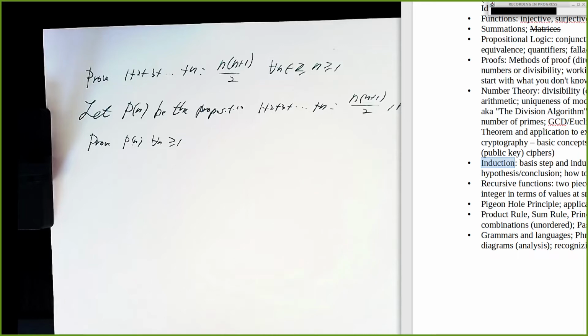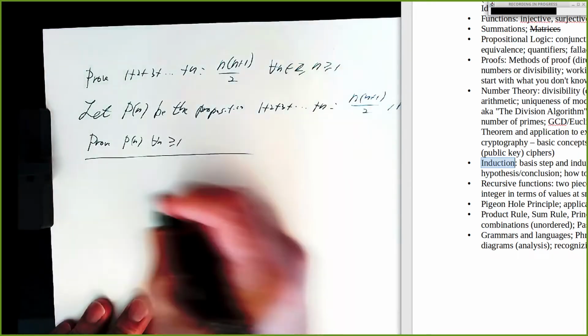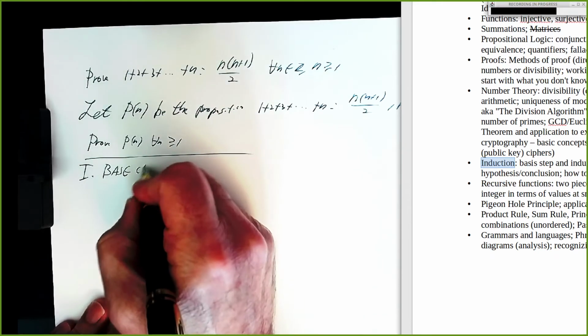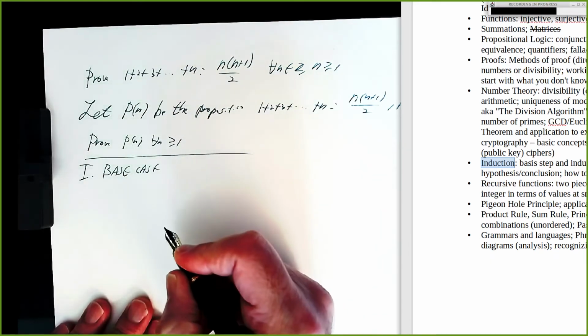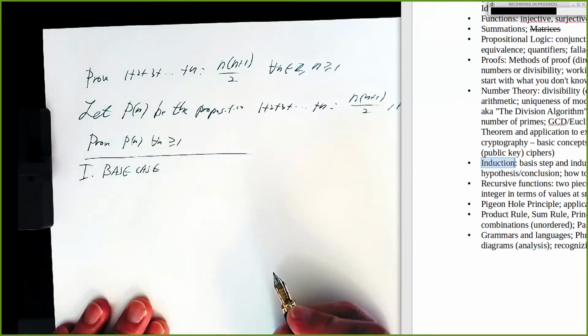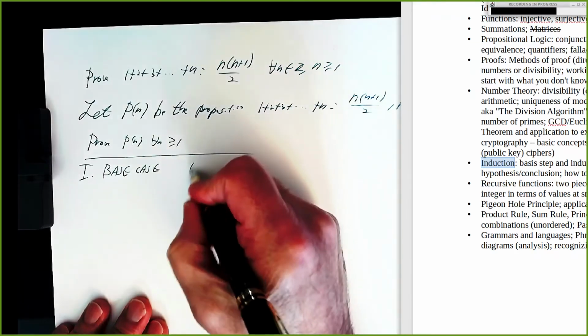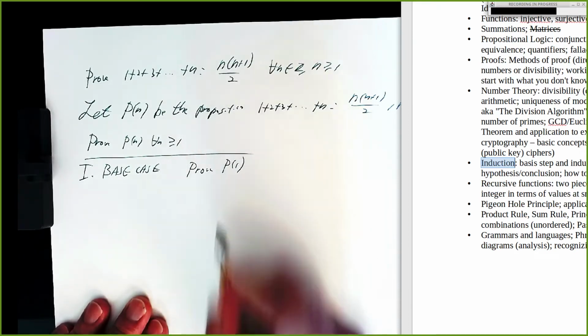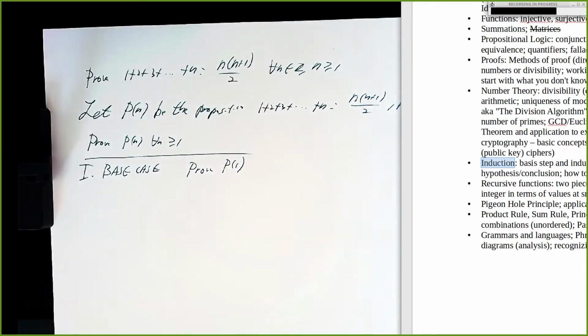And now you're set to start the part that most people want to rush into right away, which is step 1, our base case. And before I write the proof, I'm going to state what it is I'm trying to prove. I'm going to prove P of 1. Now I'm going to write the proof.